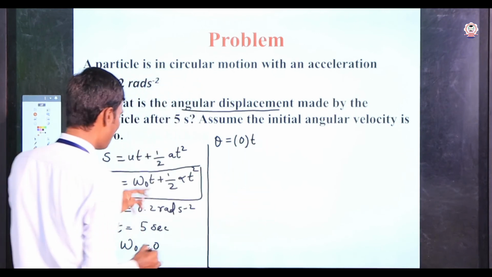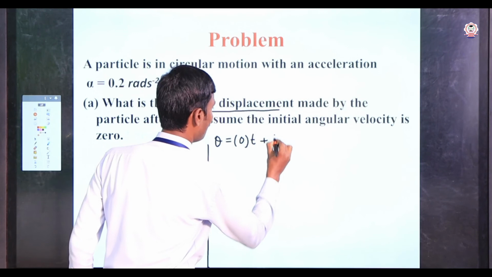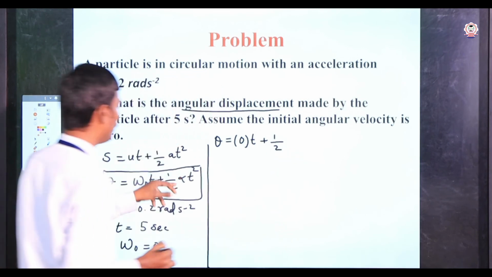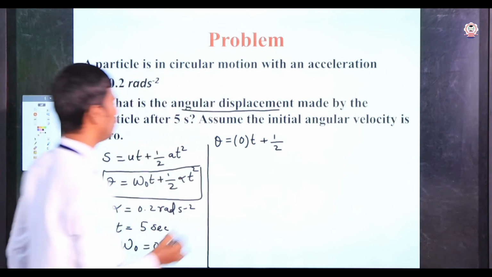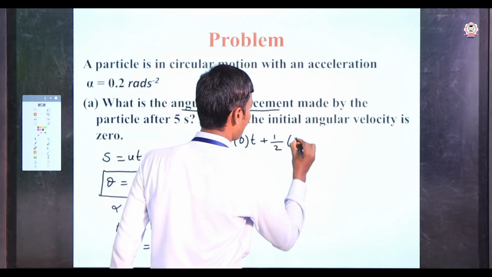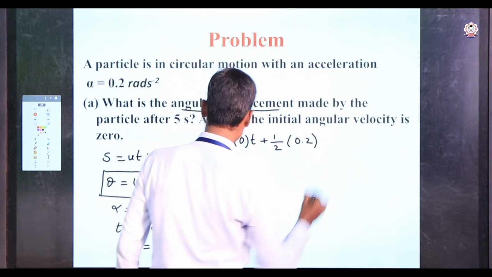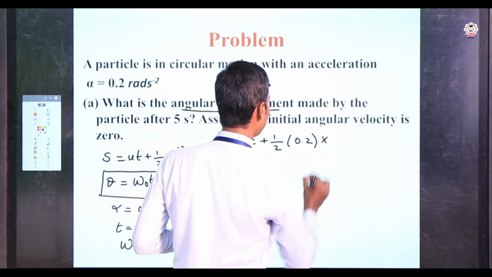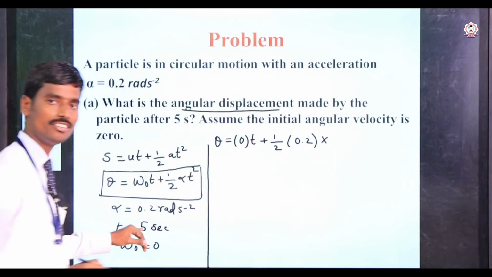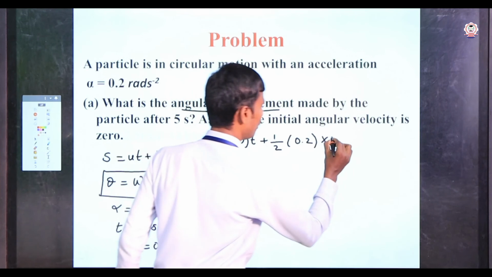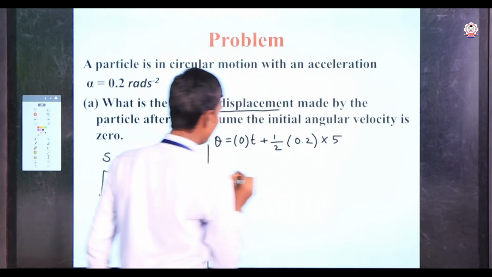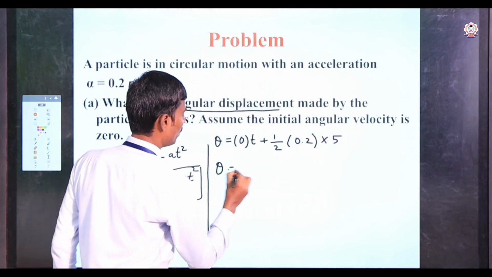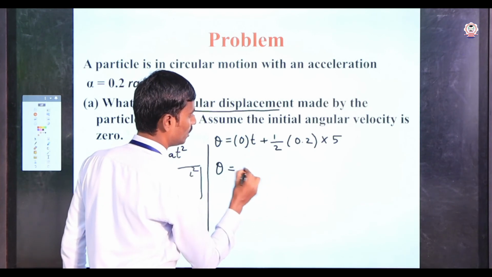The next term is plus 1 by 2 into alpha, 0.2 radian per second square, into t square, where t equals 5 seconds. Angular displacement, 0 into t is 0 only.